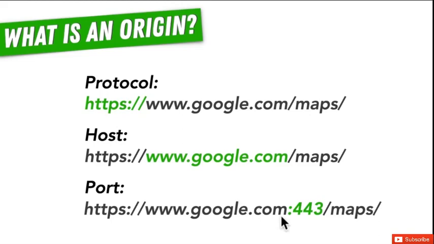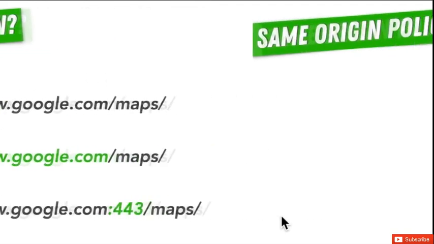Now, why does any of this matter to us? Well, it's because your browser and JavaScript use what's called the same origin policy. Let's explore. The same origin policy is a security feature by your browser that restricts what your browser is allowed to load when you're browsing pages on the internet.